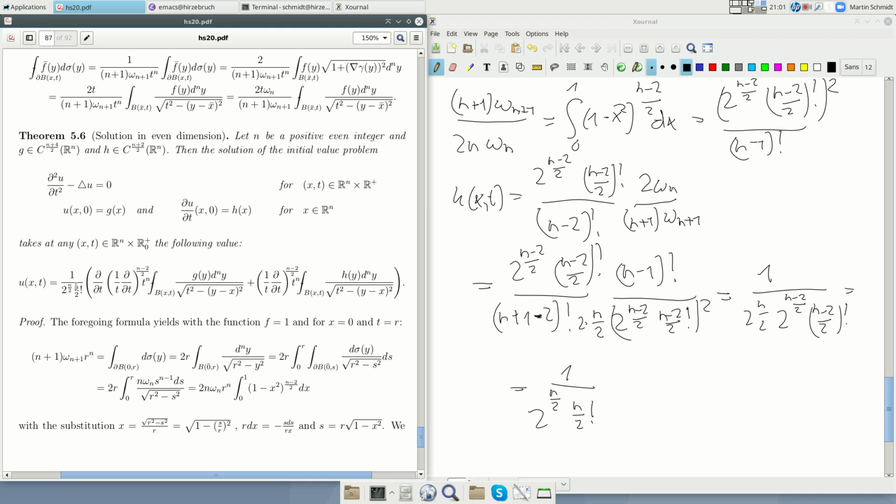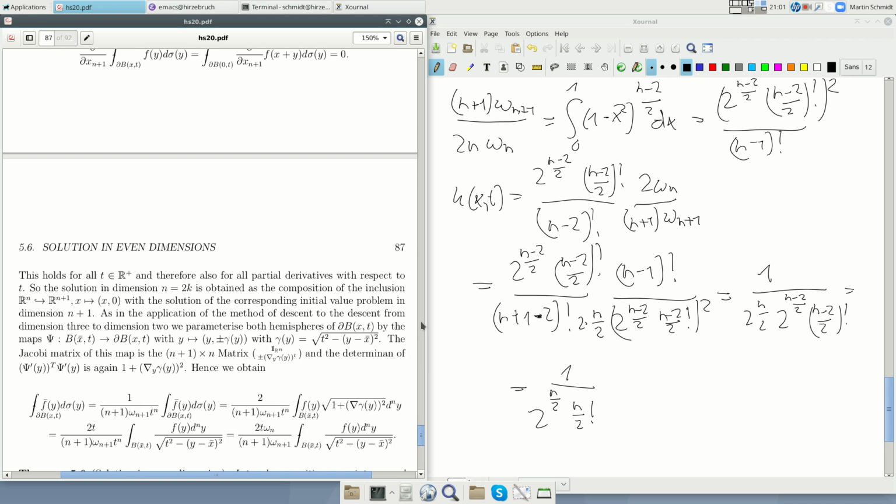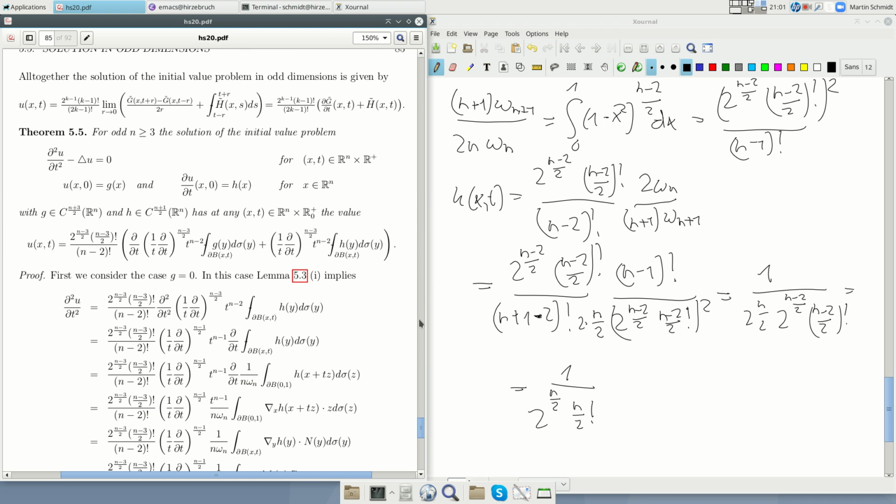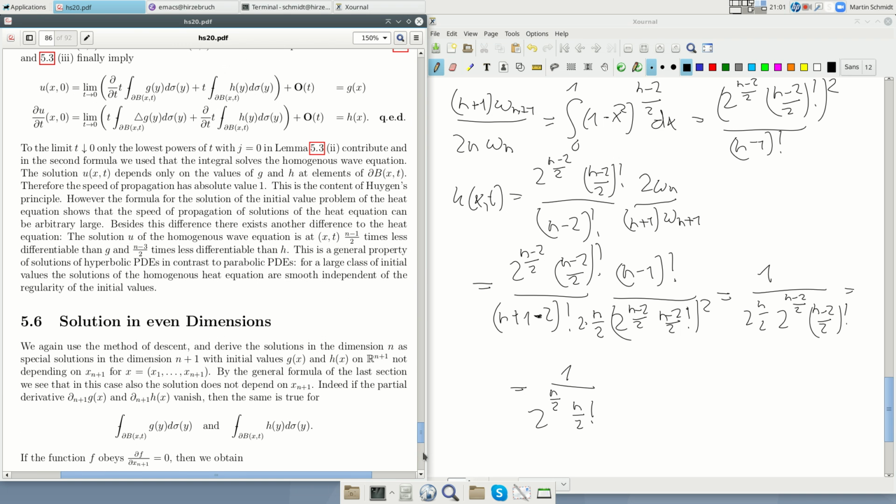Now to understand this power, the power in our formula was t to the n minus 2. So n plus 1 minus 2 is n minus 1. But we have this additional t, so we get t to the power of n.